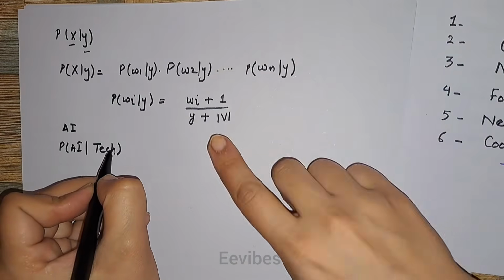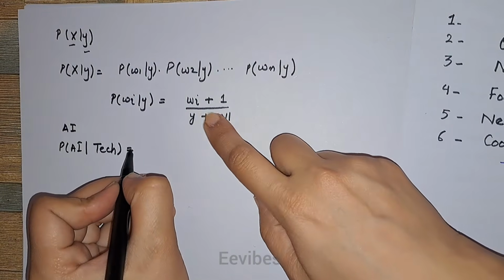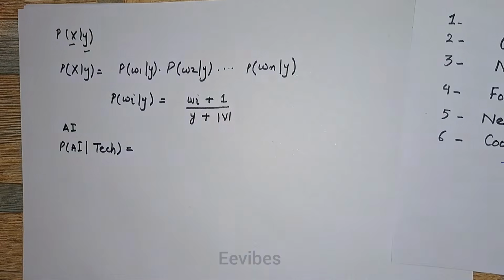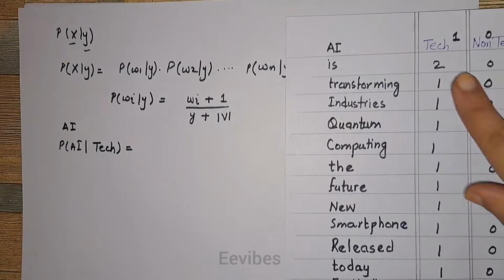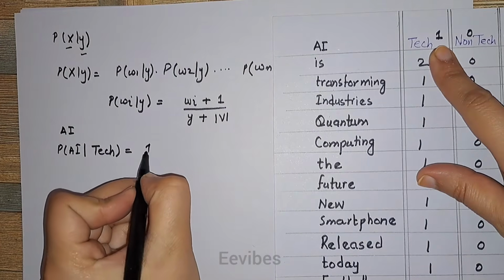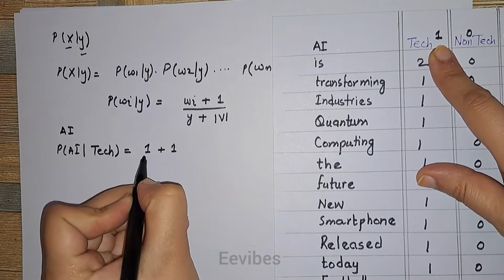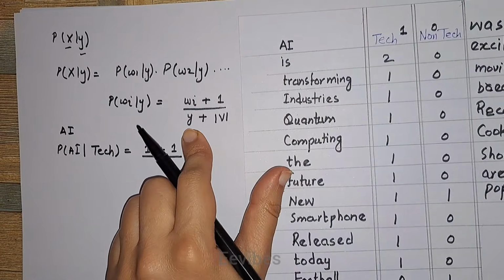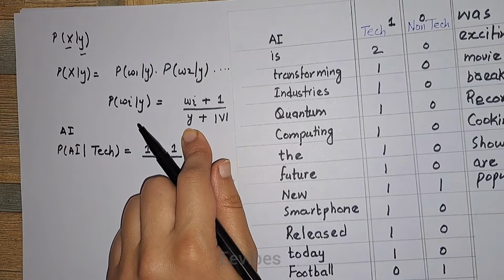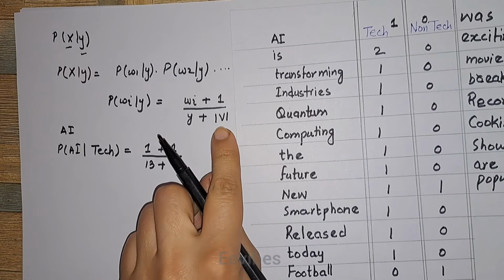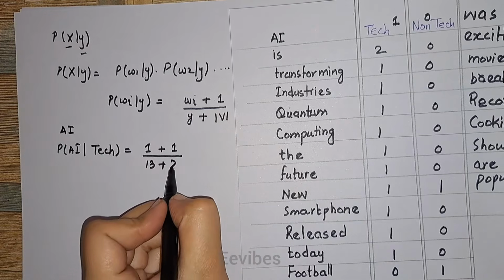I will apply the Laplace smoothing, according to which the count of w_i, the weight of AI in the class tech, is equal to 1 in this case. So this is equal to 1 plus 1 divided by the total number of words in the tech class, which is 13 as determined previously, plus the size of the vocabulary set, which was 23.